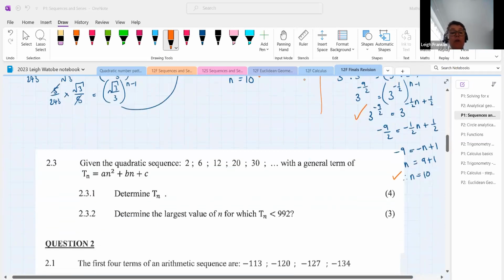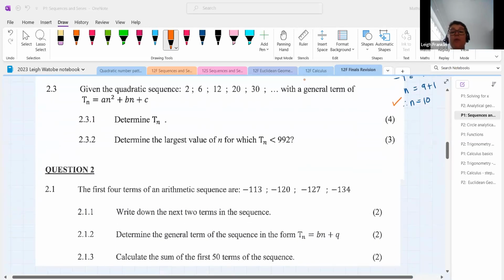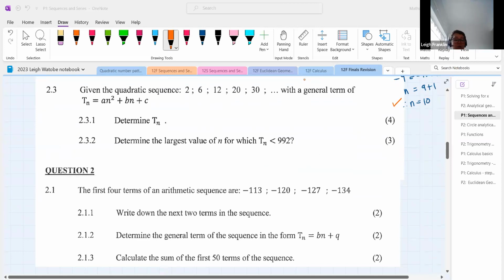You're all sending me through the correct answer for the nth term for 2.3. Lovely. Now you're going to do 2.3.2.